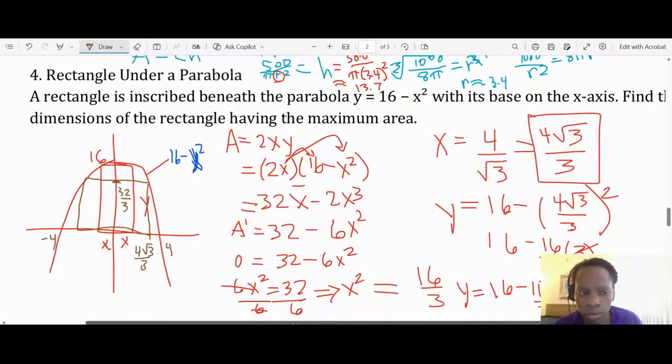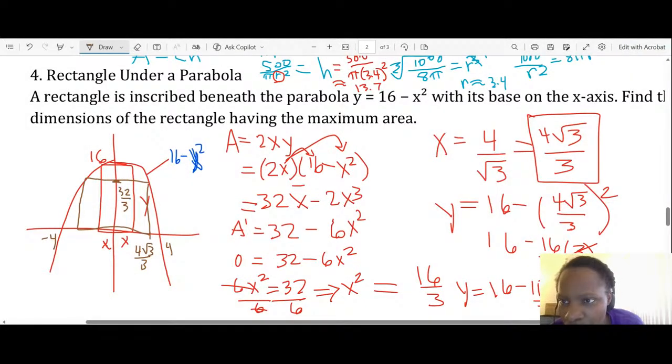Hold on. 32 divided by 3 is 10.6? Oh, it is. Okay, my bad. Yeah, I was right. That's close to 11. 10.7.